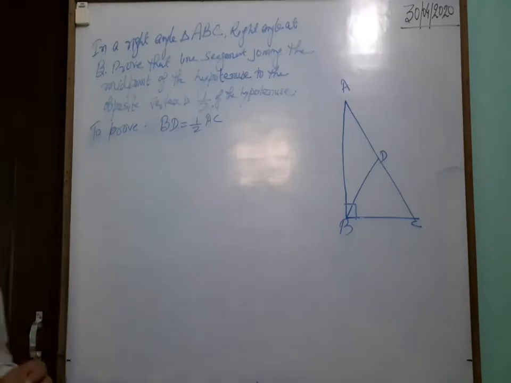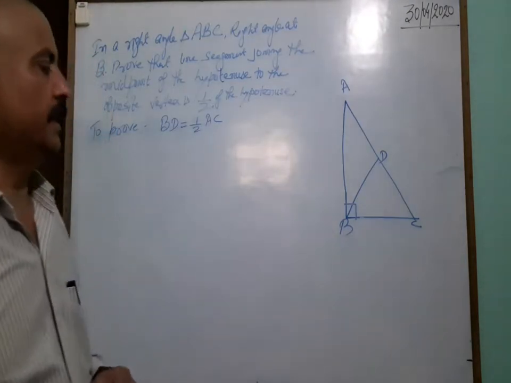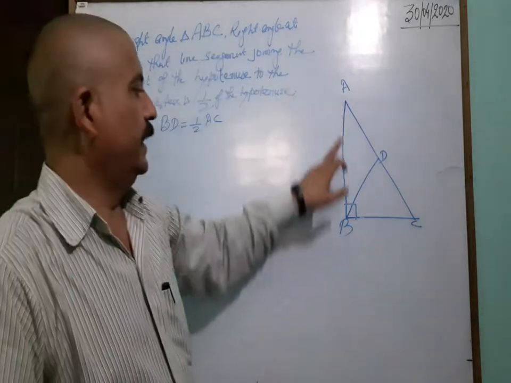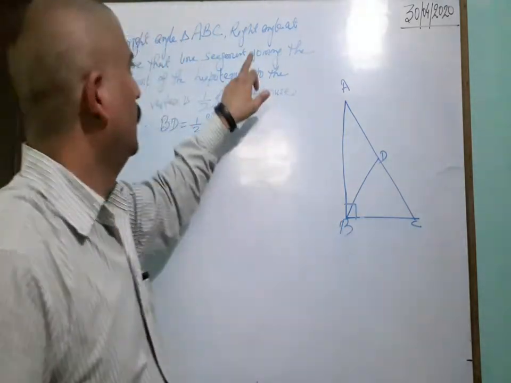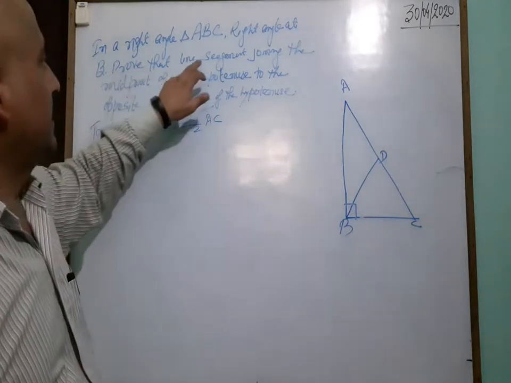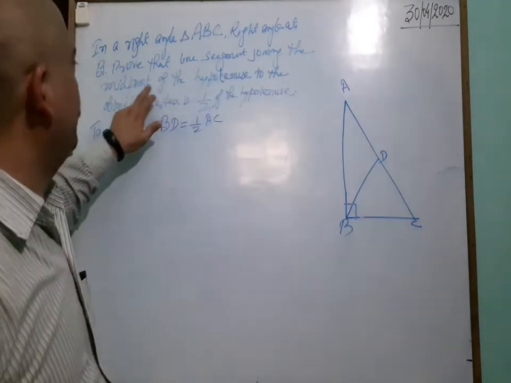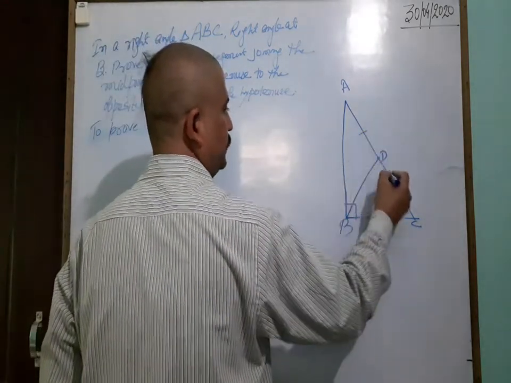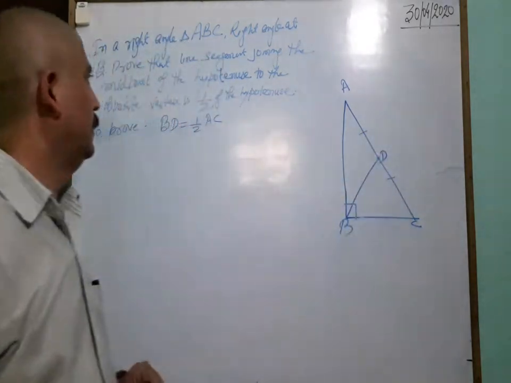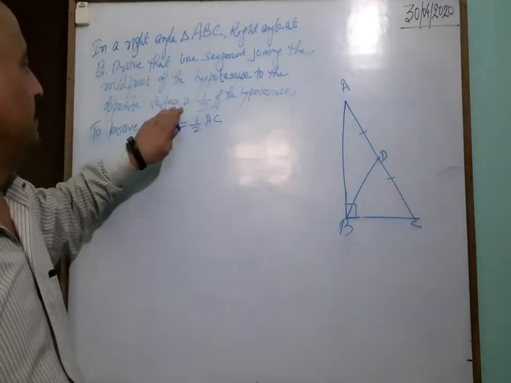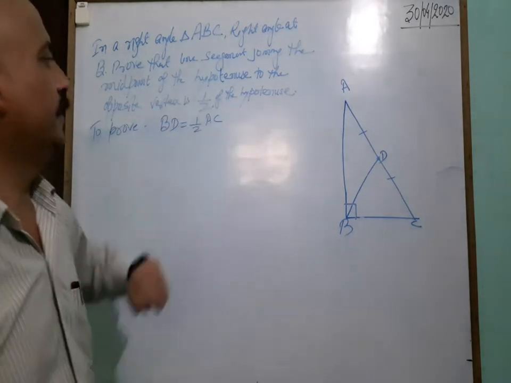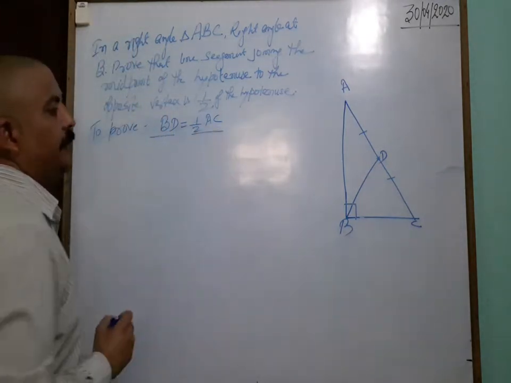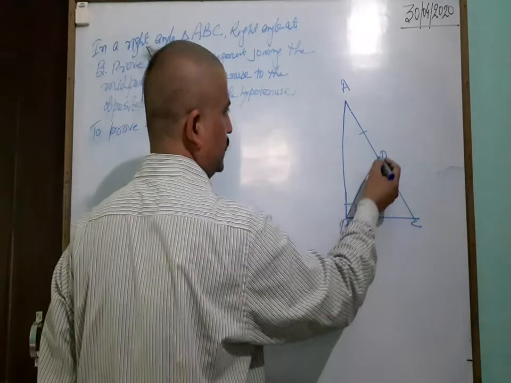The next question is that in a right angle triangle ABC, right angle at B, prove that the line segment joining the midpoint of the hypotenuse, D being the midpoint, to the opposite vertex is half of the hypotenuse, that is BD is equal to half of AC.